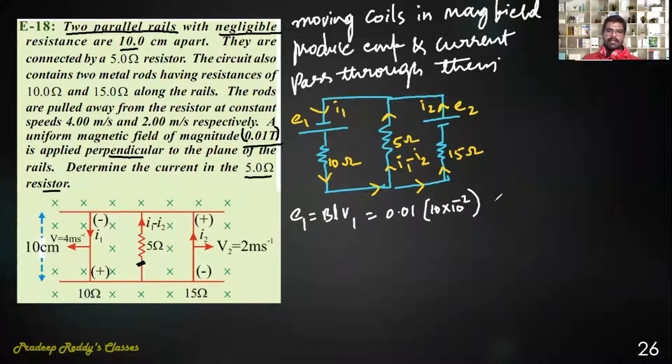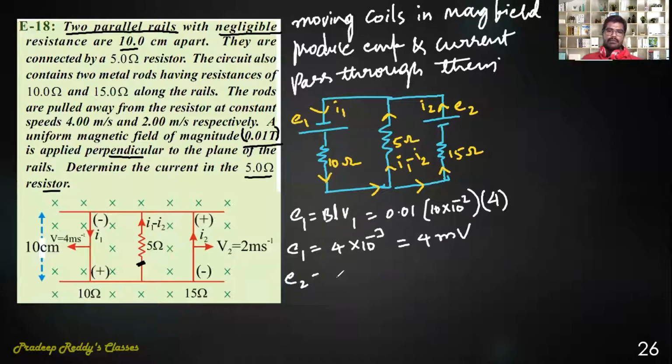And velocity V1 is 4 meter per second. So E1 will be equal to 4 into 10 power minus 2, 10 power minus 2, 10 power minus 4, which is 10 power minus 3. This is equal to 4 millivolt.